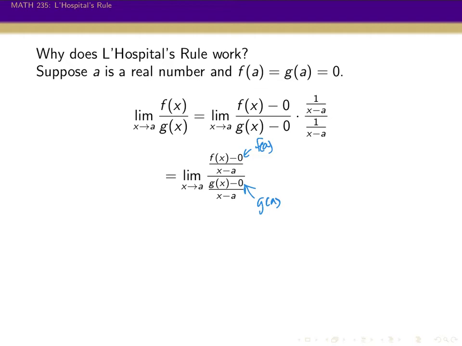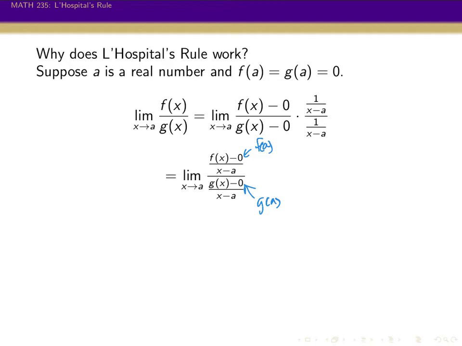So what do we really have going on here now? Well, the top is the limit definition for the derivative of f as x goes to a, and the bottom is the limit definition of the derivative for g as x goes to a.